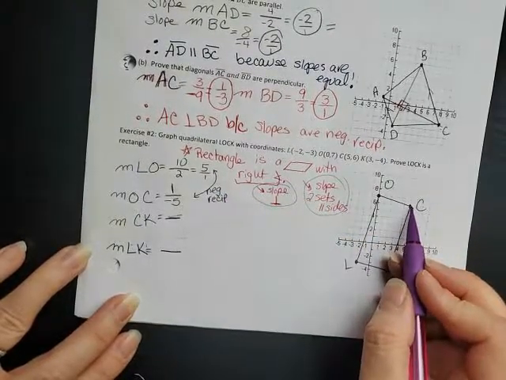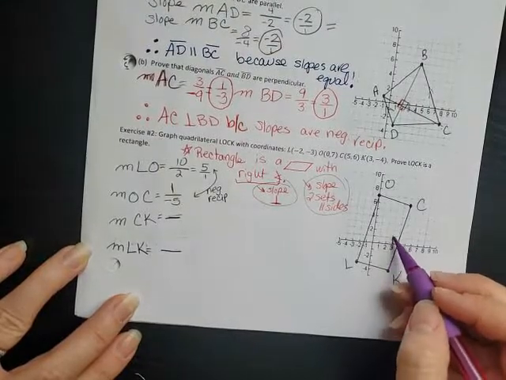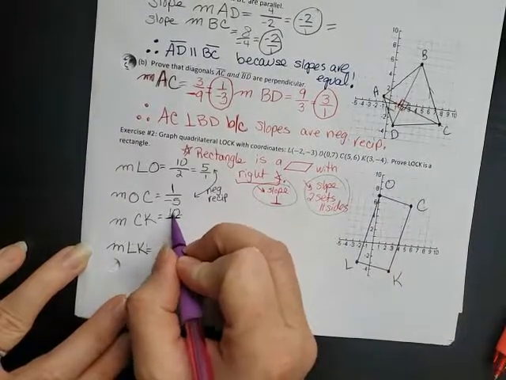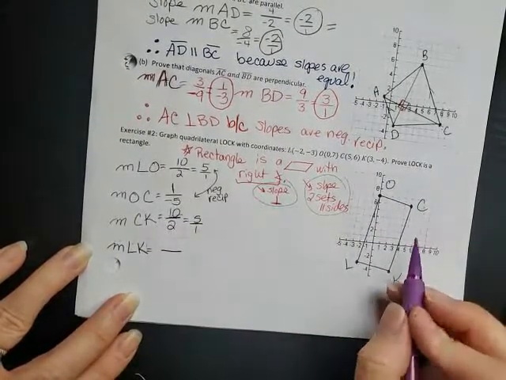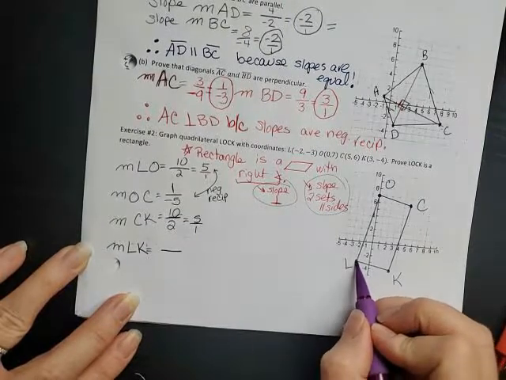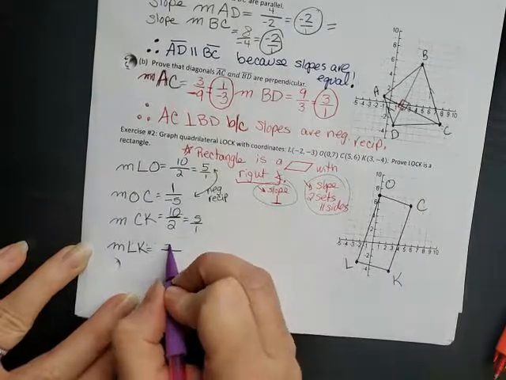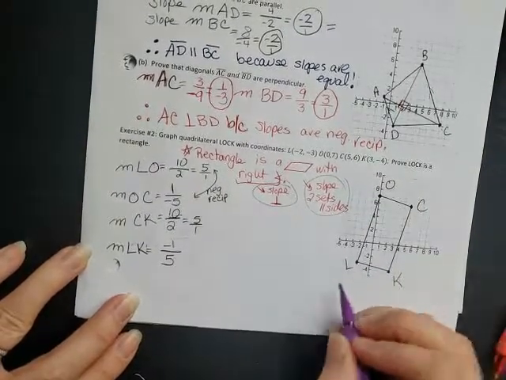CK is, again, we're going to start at the bottom point. 1, 2, 3, 4, 5, 6, 7, 8, 9, 10 over 2 is 10 over positive 2, which reduces to 5 over 1, which is positive. And LK, we go down 1 and 1, 2, 3, 4, 5. -1 over 5. Now, again, it doesn't matter which point you start with, okay?